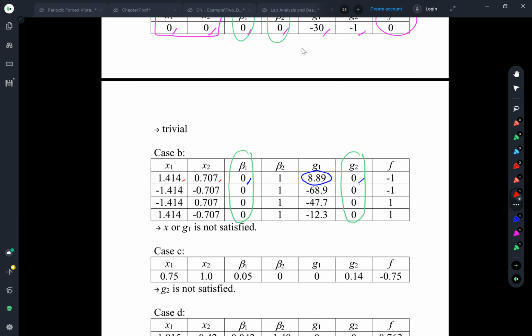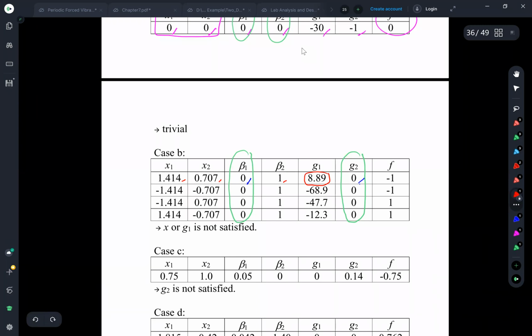How about beta 1? Beta 1 gets positive 1. Never mind, right? Maybe we discuss beta later, but beta can be plus, minus, or zero, no problem. And G2, you see G2 is a number like 8.89. This is not good, right?